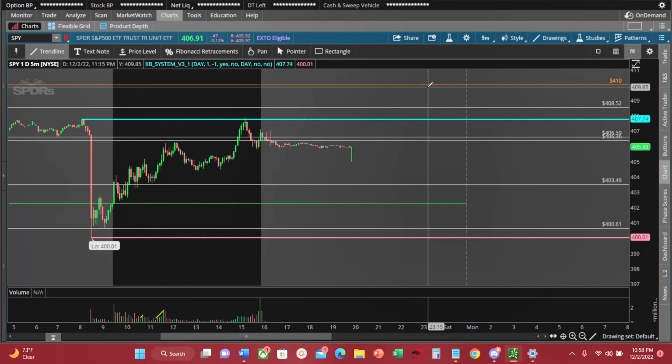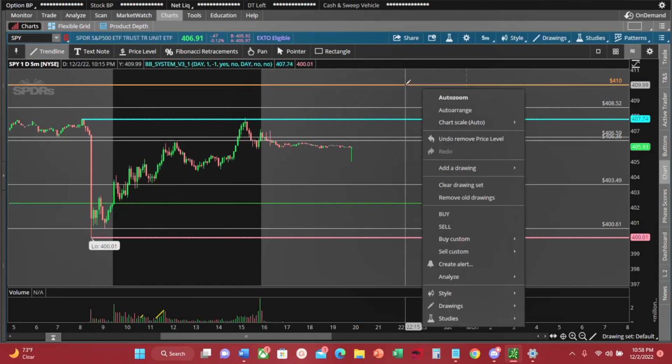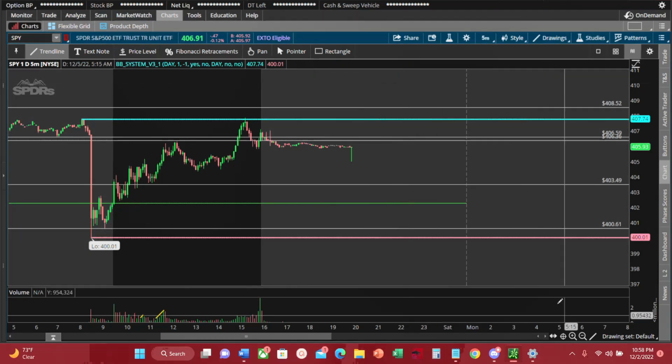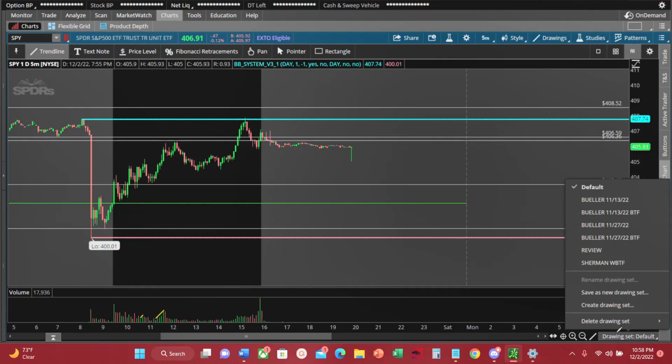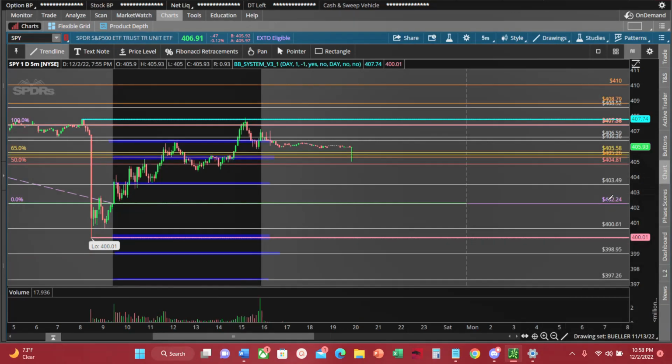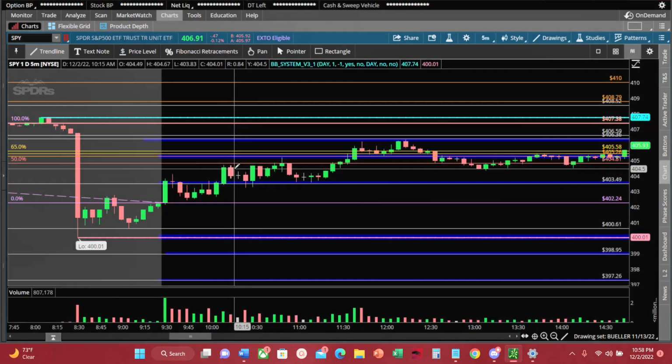So let me just take these off because they're bothering me, and I'll get it down to the actual chart that I used. I used this one today by accident, and you can see we have that zone.